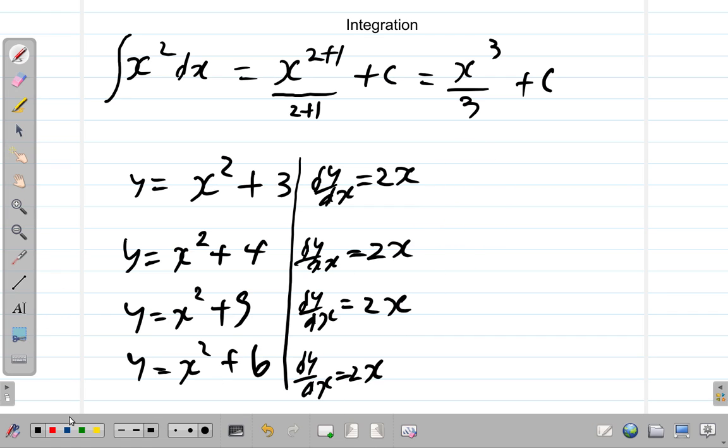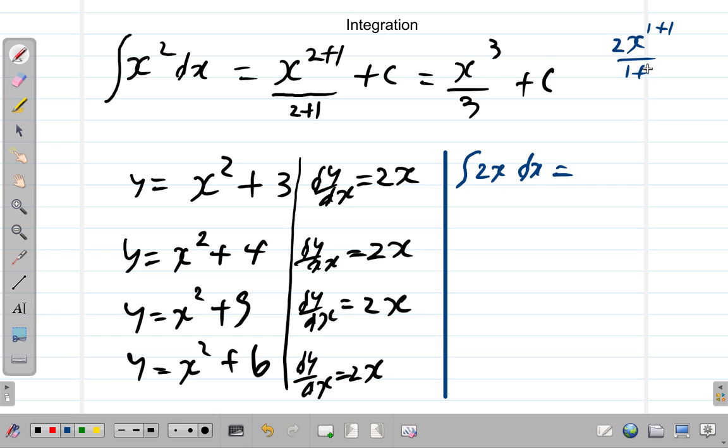If you're ready to integrate these things, what do you get when you integrate 2x dx? A while ago, we showed that when you integrate 2x, you say 2x to the 1, you add 1 to the old power to get a new power, that's 2x to the 1 plus 1, divided by the new power, 1 plus 1.